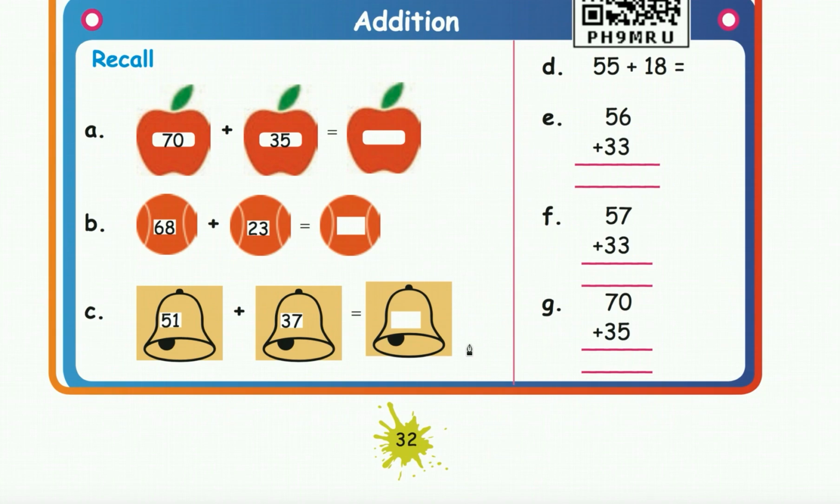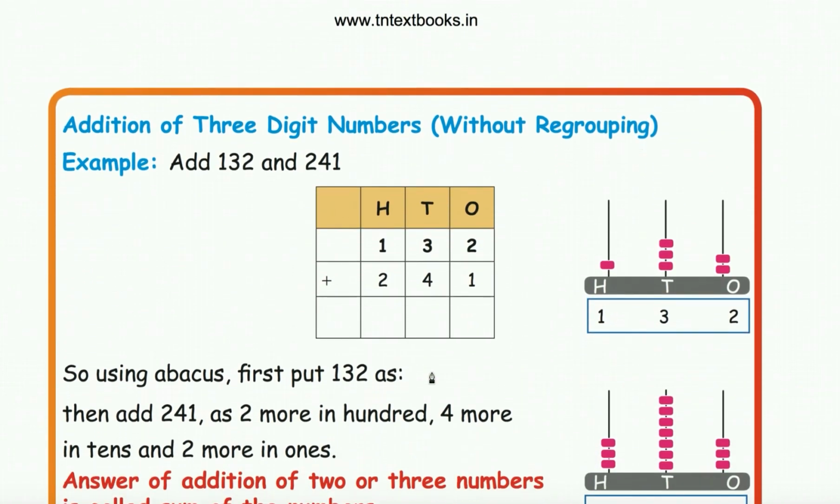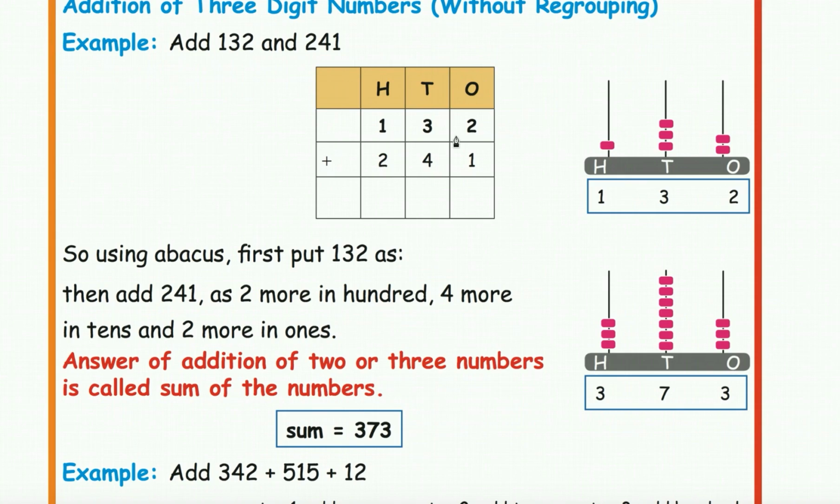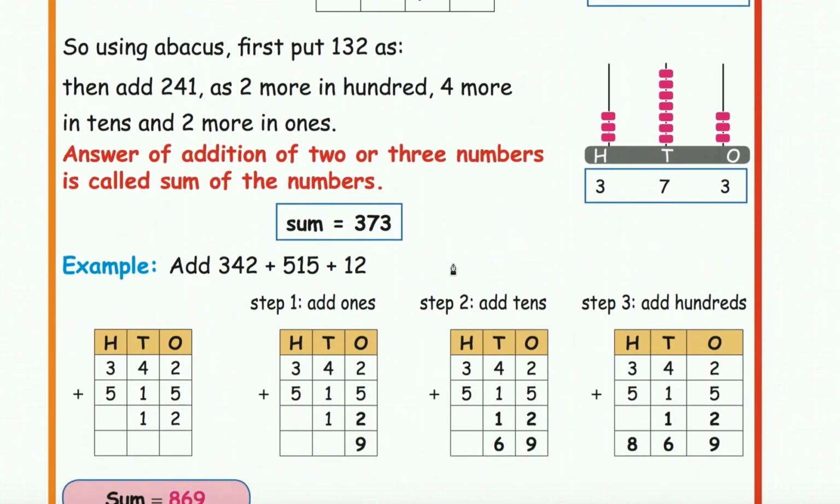Do it for D, E, F, G. 373. Okay, 373. Right.